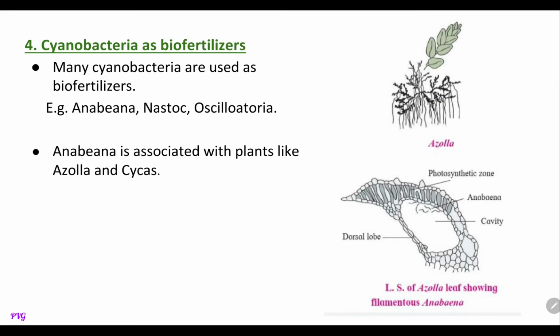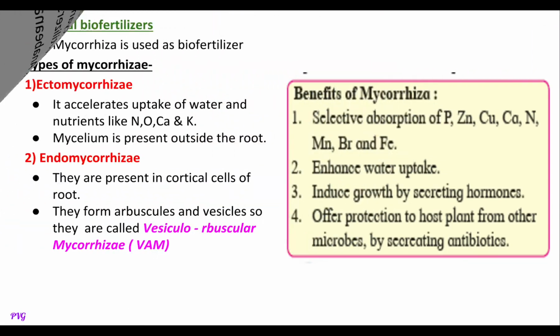There are two examples: Anabaena associated with plants like Azolla and Cycas. These are nitrogen fixing bacteria. Then fungal biofertilizers. Mycorrhiza is used as a biofertilizer.